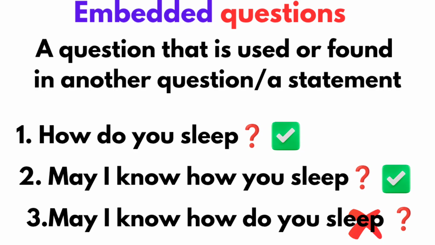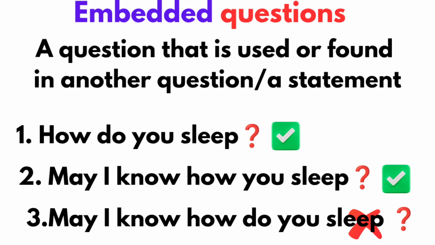Because how you sleep is a question and it is found in another question. May I know how you sleep? Here I have changed the structure a little. Look at the third sentence. May I know how do you sleep? This sentence is wrong. It is like double questioning. Don't use two questions in a sentence or in a statement, right?